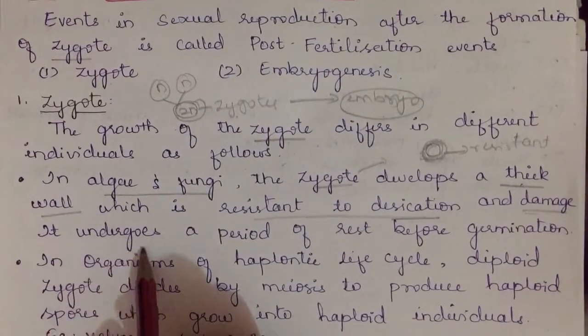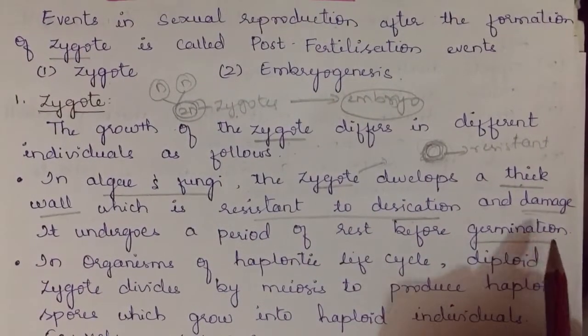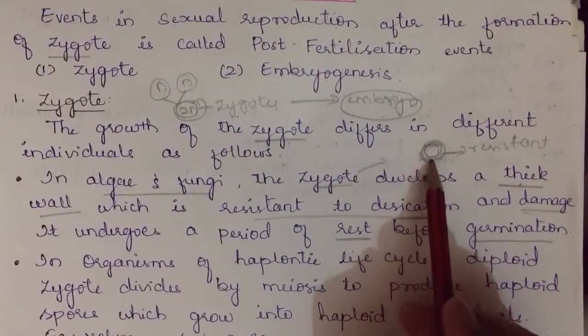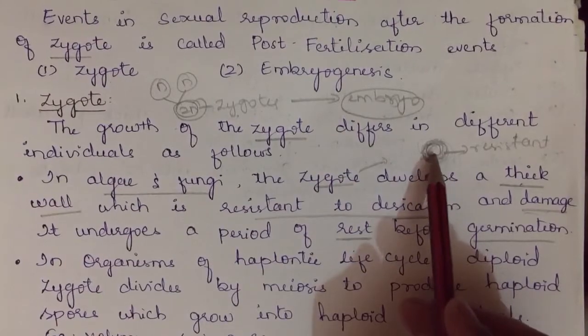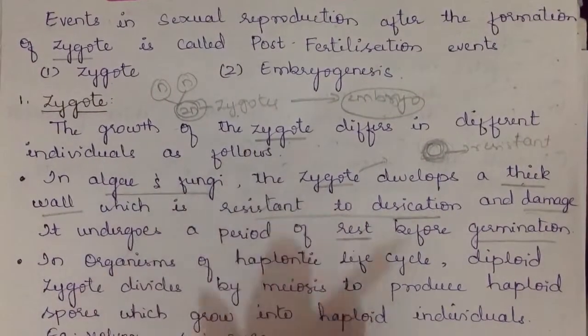It undergoes a period of rest before germination. During this rest period it develops a thick wall, retains water content and can live for a longer time. This is about algae and fungi.